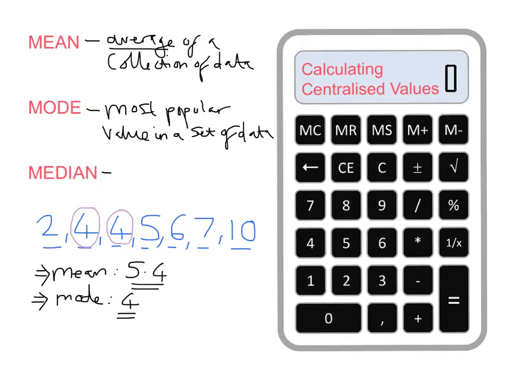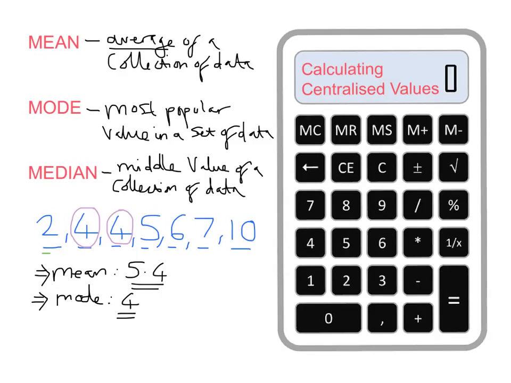Now the median is the proper word to describe the middle value of a collection of data. So to get the middle value, what we need to do is line all the numbers up in numerical order, lowest to highest, and then find what is essentially our middle or central number.